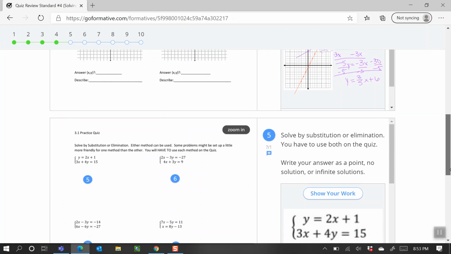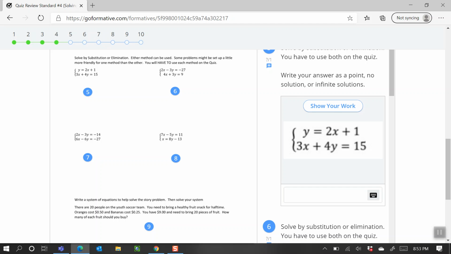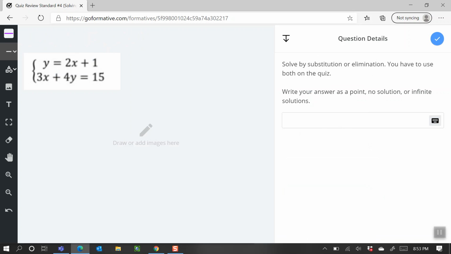So, next one we've got is just doing some wonderful solving. This one's already set up for substitution. So this is y, this is y, this is also y. So I'm going to go 3x plus 4 times 2x plus 1, because instead of having y in this equation, I'm using the expression up above, equals 15.